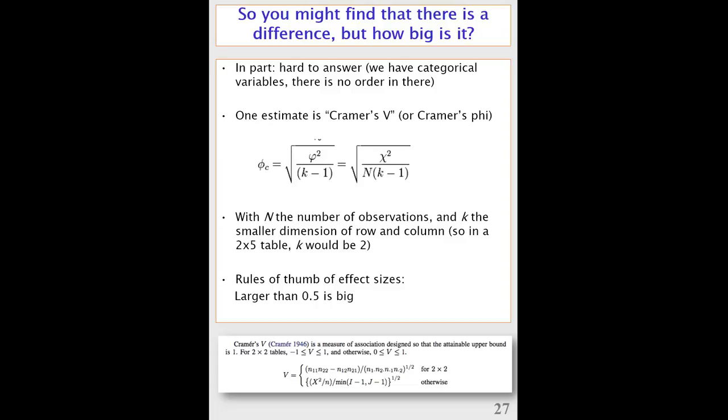It can become smaller than 0, which is sort of weird. You still have -1 is not very good, and +1 is very good, but the whole scale of the thing changes if you look at 2x2 versus many by many tables. This is something to take into account if you happen to encounter a 2x2 table.